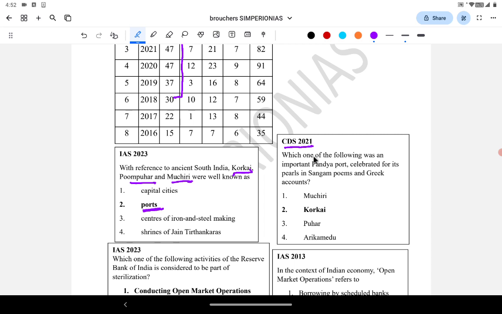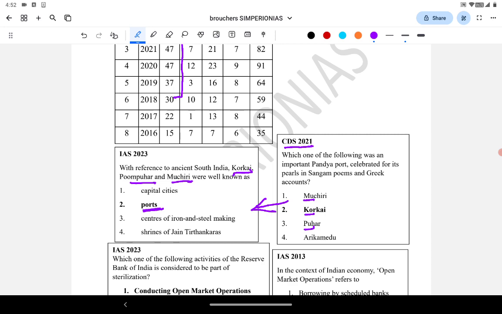They asked with respect to the Pandyan ports, which of the following are Pandyan ports? You can see here, the answer is Muchiri, Korkai, Puhar. All the three were in the options. So it's one of the examples where, if you solved the CDS 2021 paper, you could have easily solved the UPSC 2023 question.